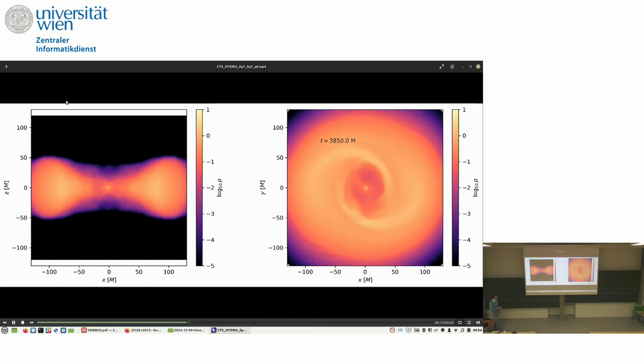In contrast to the black hole case, where this torus should stay in the same place where you leave it, in this case the tidal forces disrupt the torus, and eventually you get some kind of waves and other shocks and a richer phenomenology.